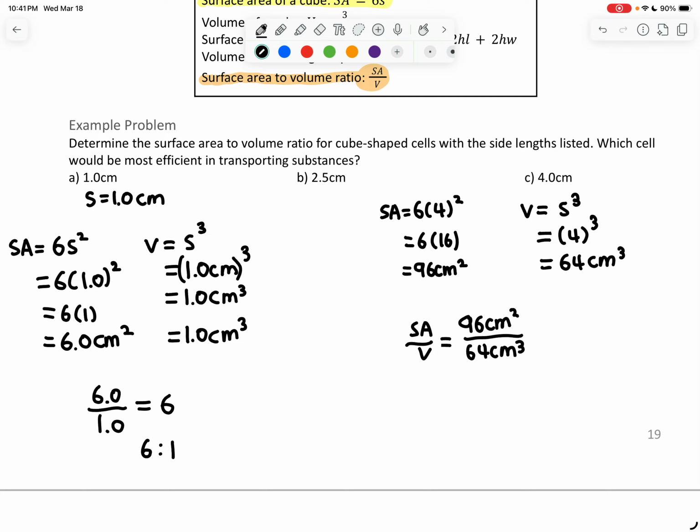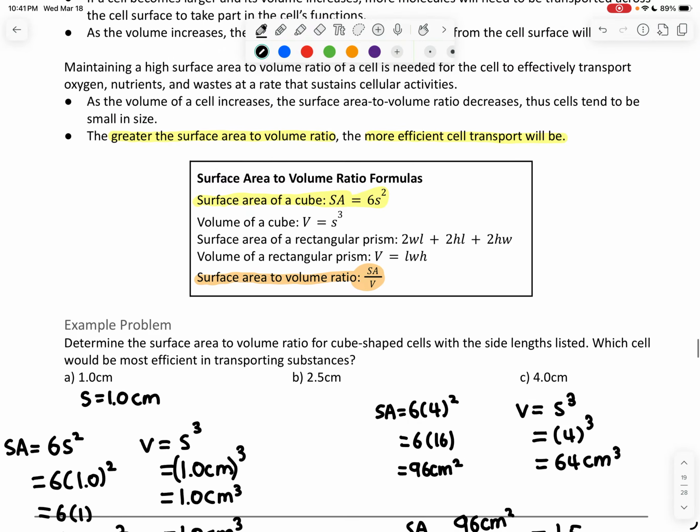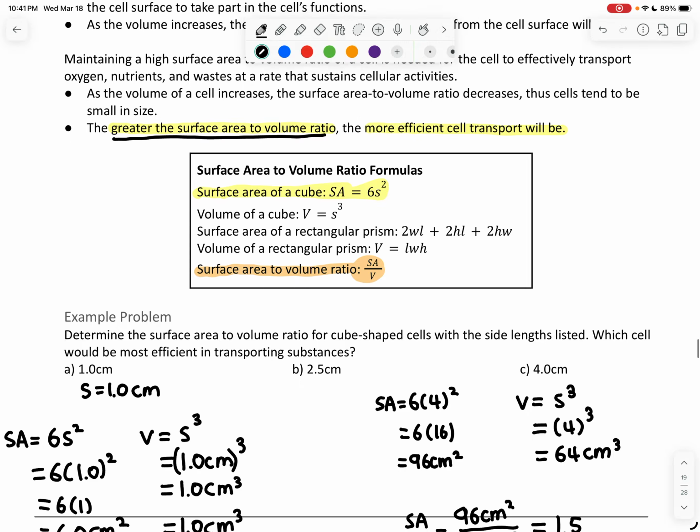So if you do 96 divided by 64, you will get that it is 1.5. Okay, so as you can see, you get these ratios, and remember what I said earlier, the greater the surface area to volume ratio, the more efficient cell transport will be.